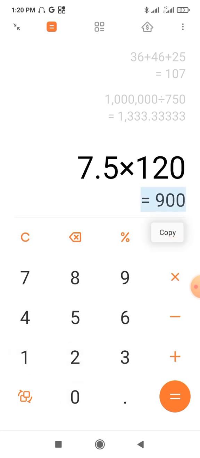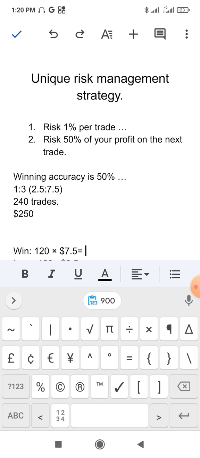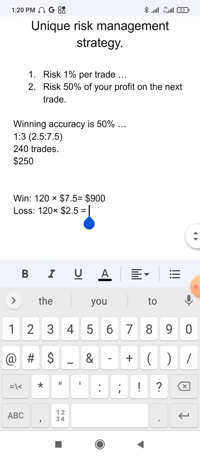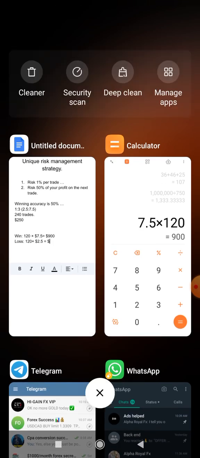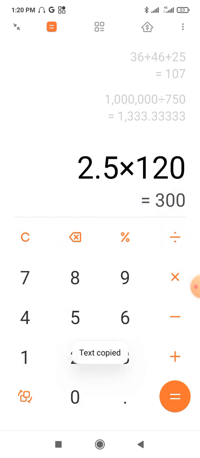We have $900. And 2.5 times 120, sorry, we have $300.